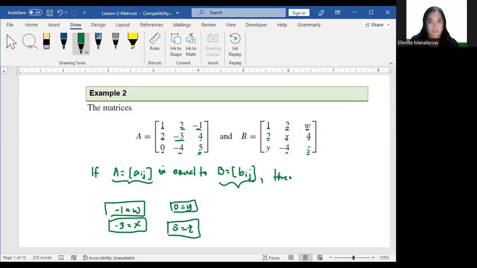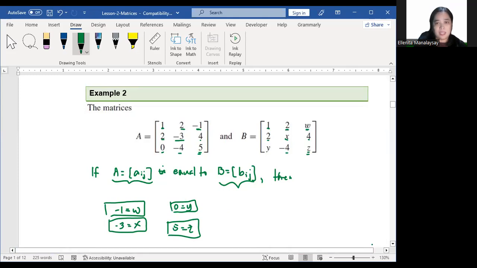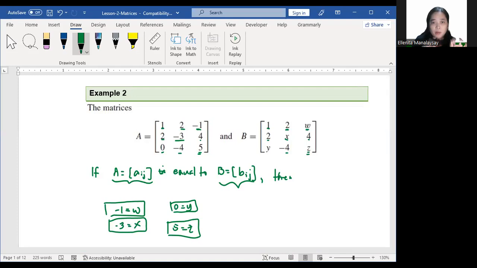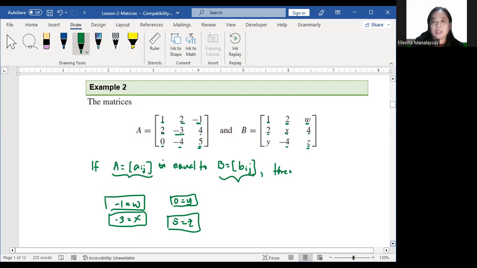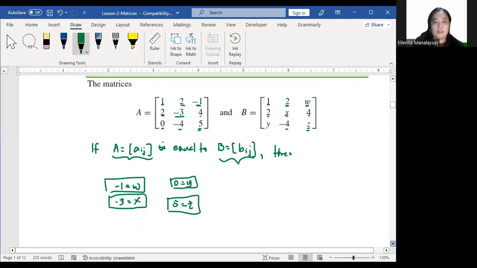So matrices A and B are equal in this specific example if W is equal to -1, x is equal to -3, y is equal to 0, and z is equal to 5. The point here is that these two matrices are equal if their corresponding entries, entry by entry, are equal. That is our idea for equal matrices.